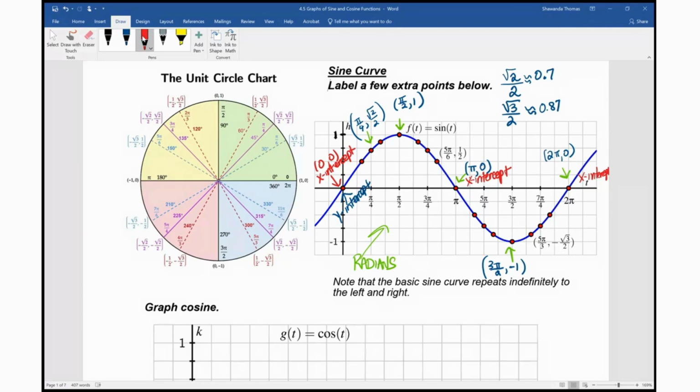All right, the maximum and the minimum would be at the peaks, like at the top of the hill or the bottom of the valley. So this is a maximum here, and this is a minimum.